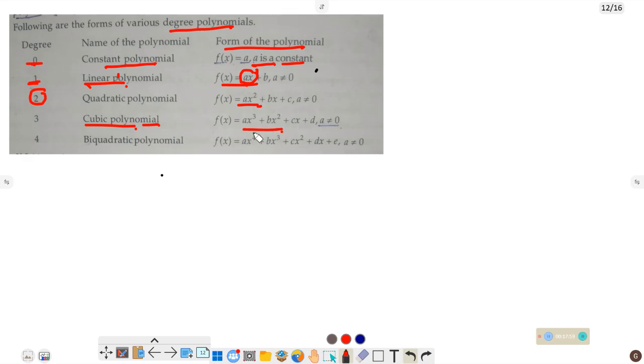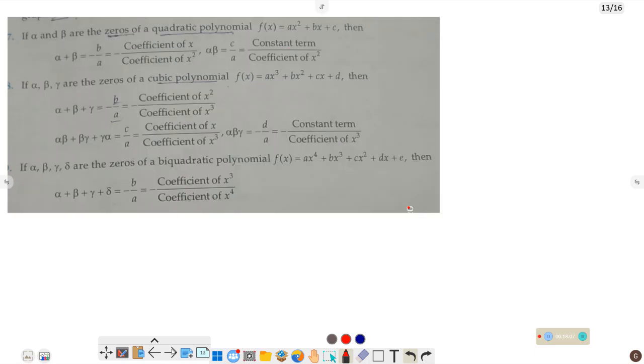Now we move to another slide. In this slide, we discuss the sum of zeros and product of zeros. Alpha and beta are the zeros of the quadratic polynomial.